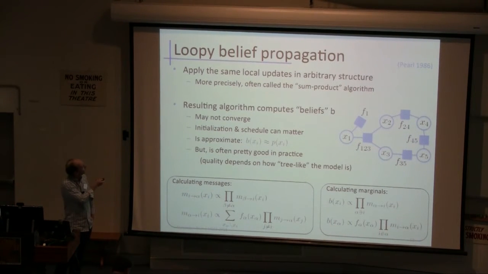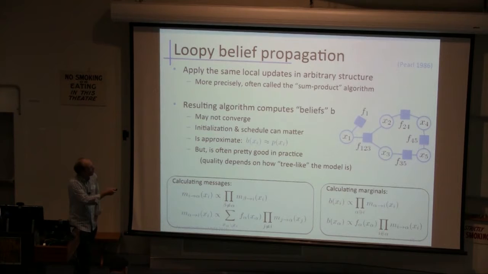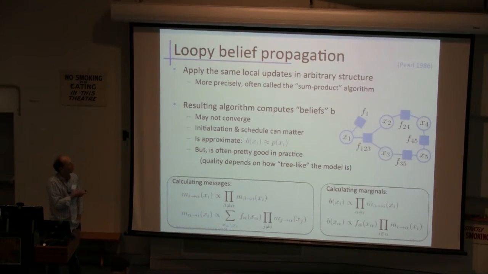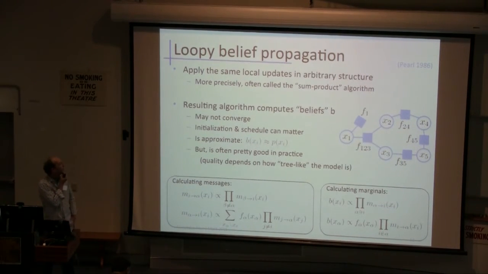If you apply this recursion in a non-tree structured graph, you can still calculate your marginals in the same way as before, but now the calculation is no longer correct. So we don't call them marginals, we typically call them beliefs, because they don't correspond to the true marginal probabilities of the system.